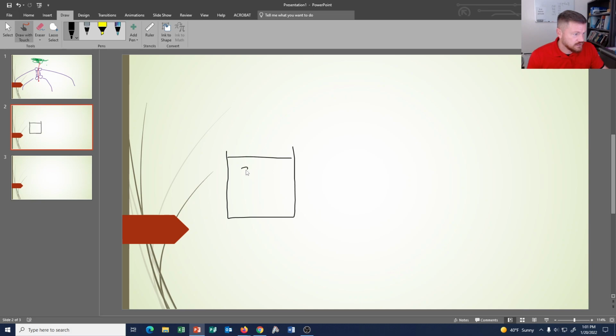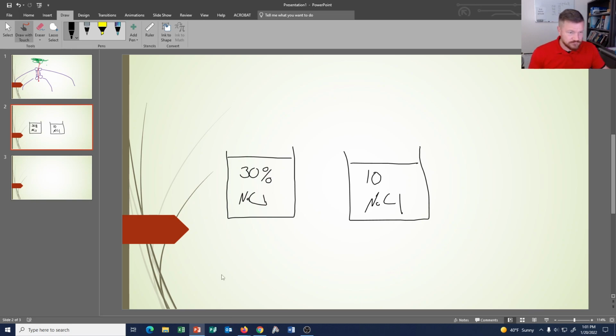So let's say in this beaker I have a 30% concentration, and let's just call it salt water, sodium chloride. I hate drawing with a mouse. And let's say in this beaker I have another fluid, and let's say it's 10% sodium chloride.